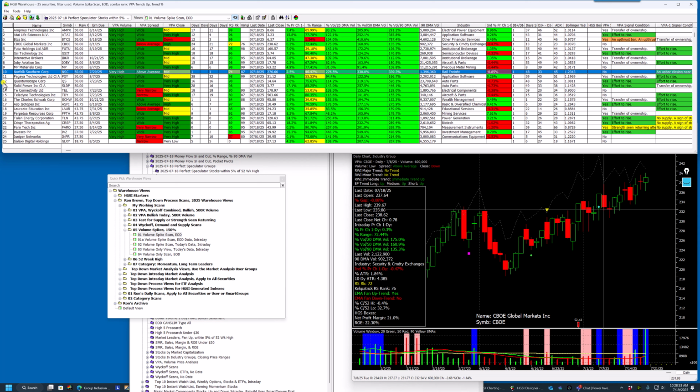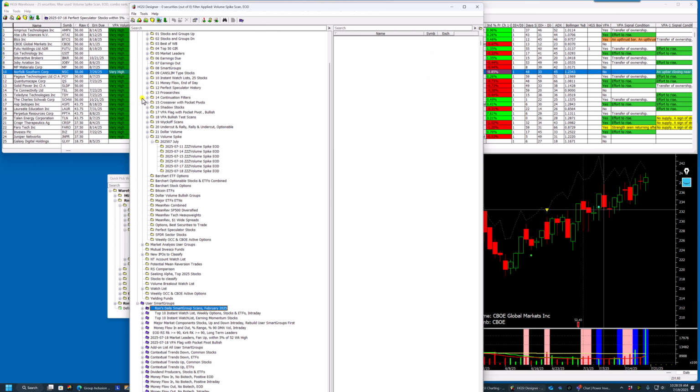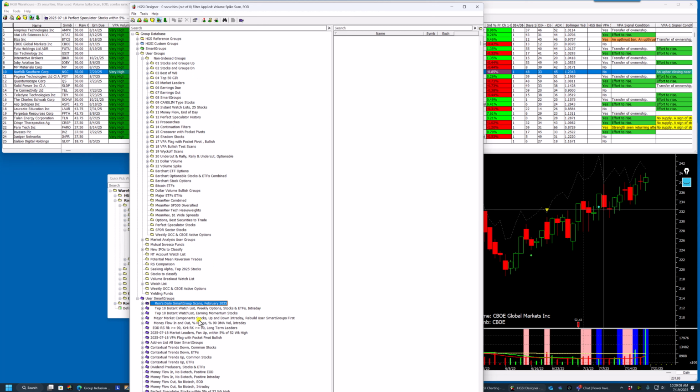Now, before I end this video, I'm just trying to give you ideas and show you that these scans work on their own for all securities, or you can go into your own list of stocks, or you can use my groups, my user smart groups, or your own user smart groups.